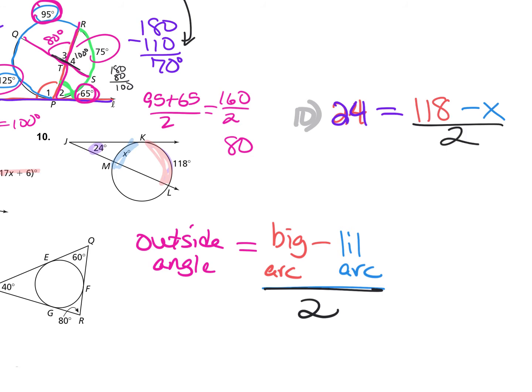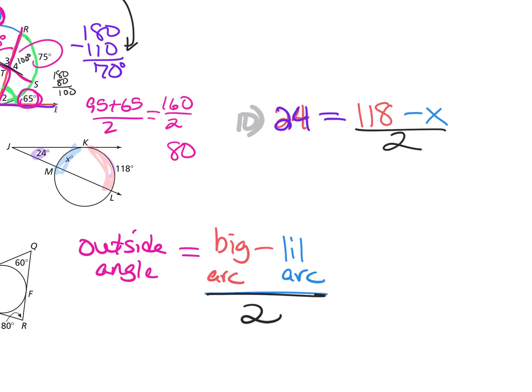Notice on the other one how I could divide both the numerator there by 2. This one I'm going to get a fraction. So instead, I'm just going to multiply both sides by 2 to clear it, instead of trying to deal with a fraction there. So then I get 48, 2 times 24.